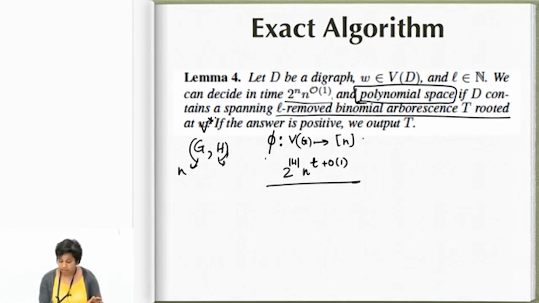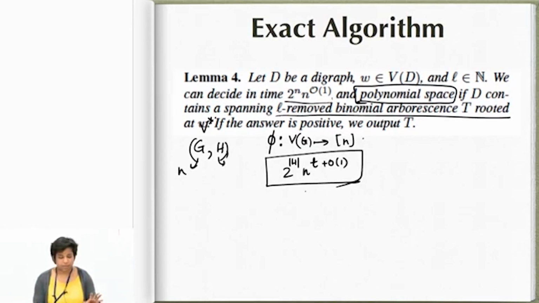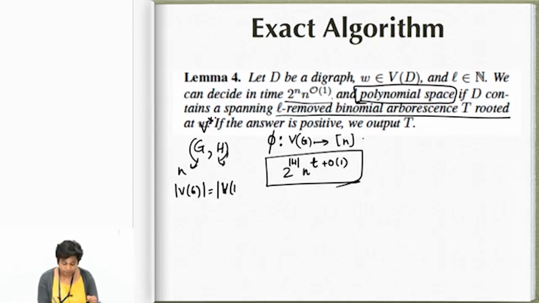This is the running time of the algorithm which gives us colorful subgraph isomorphism which maps root to root. So this algorithm, when applied to our special case where the vertex set of G is the same as the vertex set of H, this coloring function is basically a unique coloring.